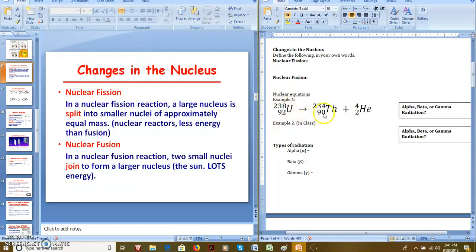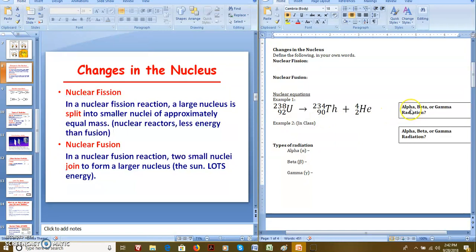So if I look over here, uranium is going to break apart into thorium and a helium atom. Helium is number 2 on the periodic table, and it has a mass of 4, which means that thorium is created because I need to have 2 plus 90 equals 92, and 4 plus 234 is 238. So basically it is addition and subtraction. Can you find out which is which?